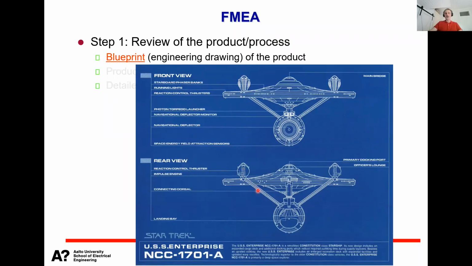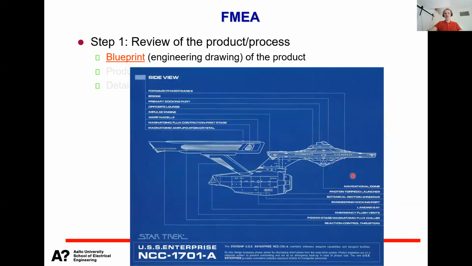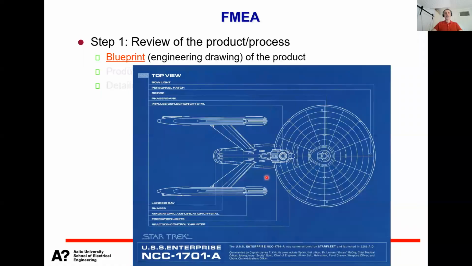So basically also here, of course, it's not a very detailed blueprint, and I would assume that all these could also be divided into a million other pieces, but still you can basically see all the parts which the USS Enterprise is composed of.